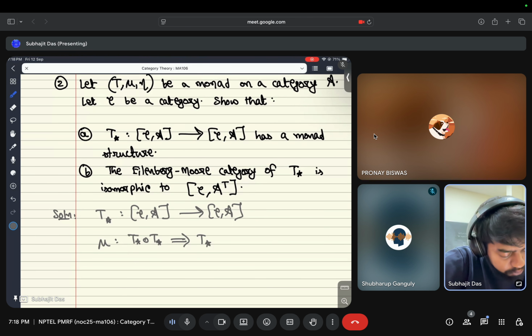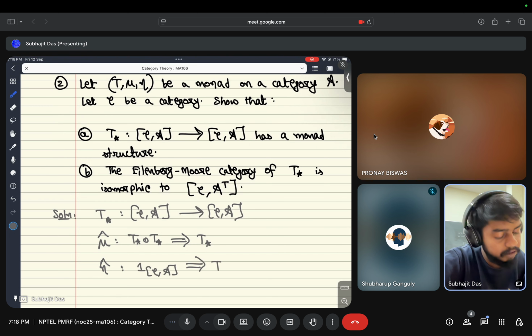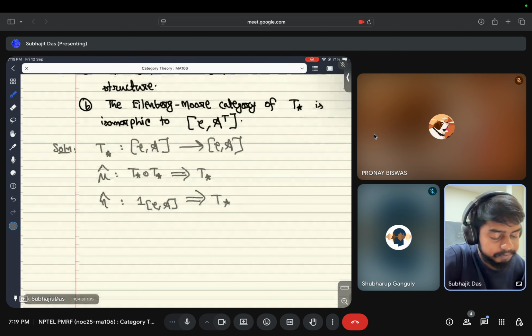Okay, we have already used mu, so let's use mu hat, and eta hat from what to what? To T star. So the question is, how do you define mu hat? What's the most natural thing that you can think of?